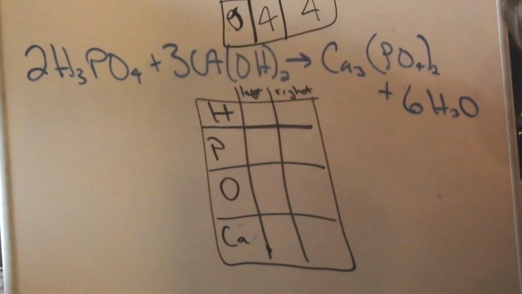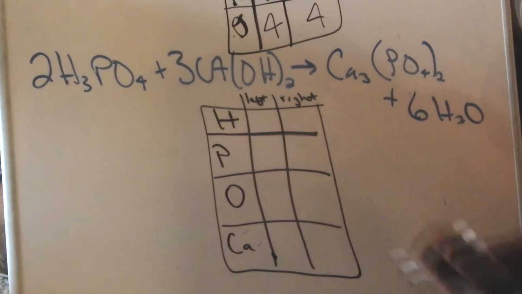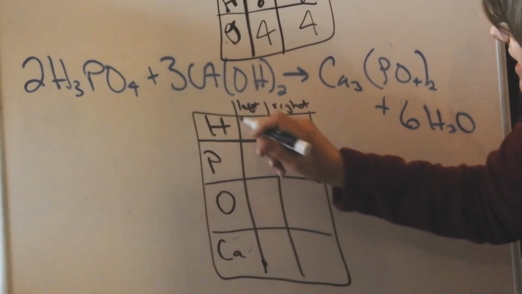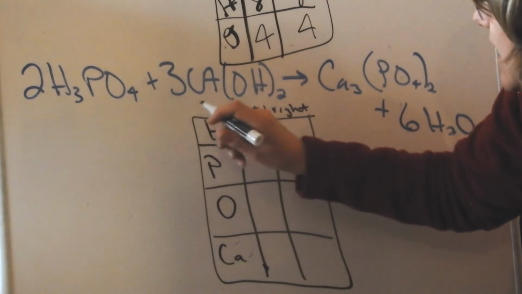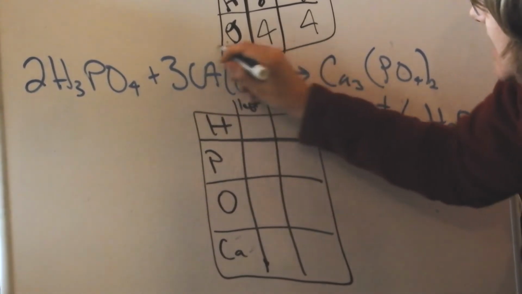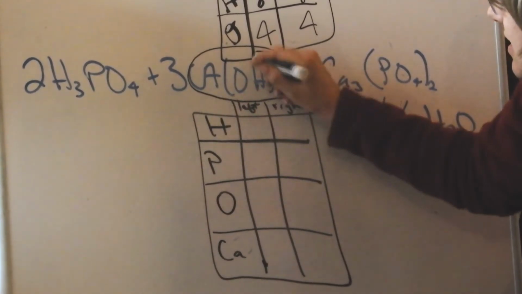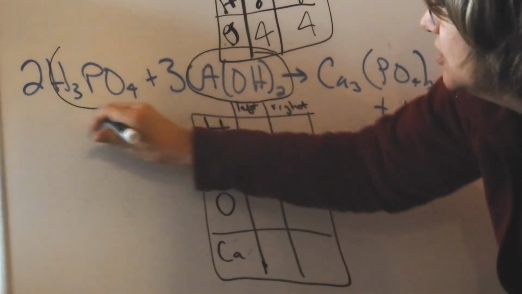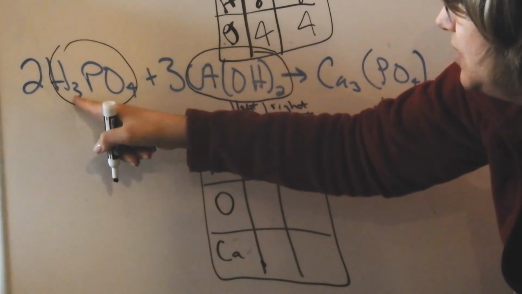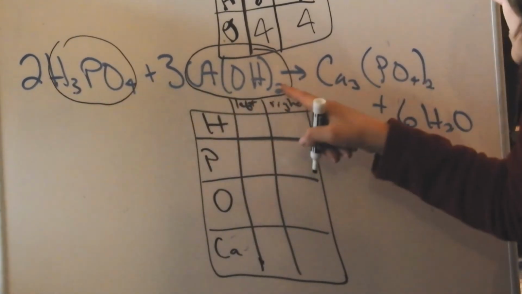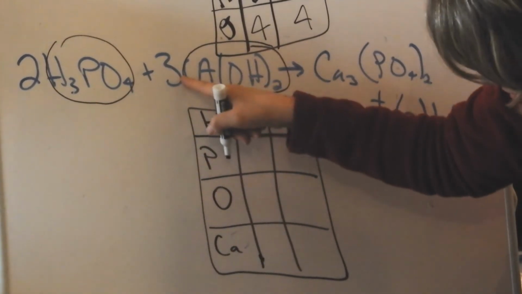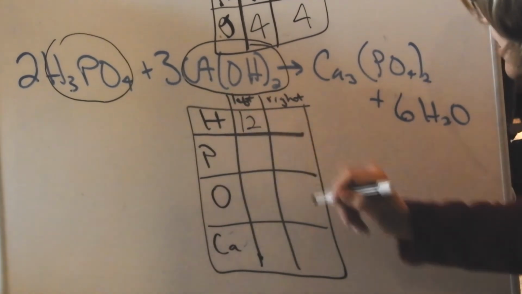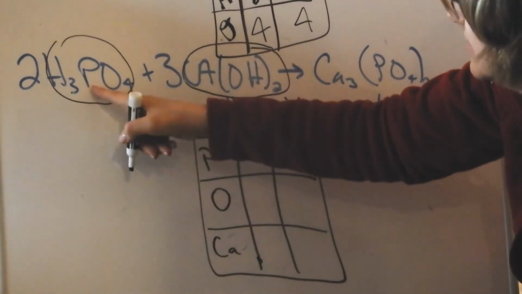This one's a little more complicated. So you should end up getting, let's see, 12. So let's look at hydrogen. Now, again, this whole chunk is glued together with that 3. So we got to remember that. And then this is all glued together. So 2 and 3 is 6. And then here I have 2 and 3, which is 6. So I have 12 over here. I think this is phosphorus.